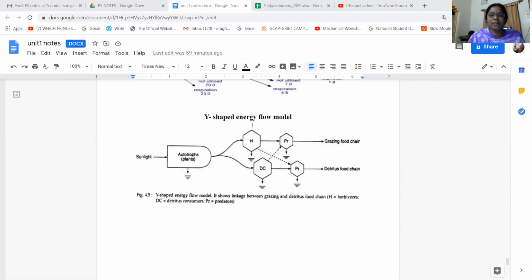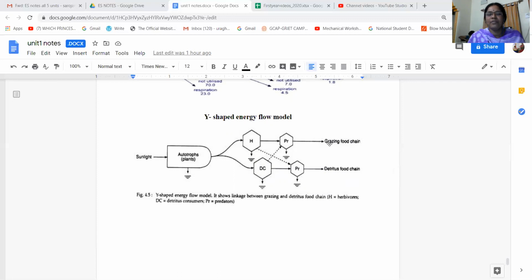This is Y-shaped, which can also be called the double channel energy flow model. So this is sunlight, and obviously plants. These are the only living beings which can prepare their own food because of sunlight through the process of photosynthesis. From this, it is divided into two types. One is grazing food chain and the second one is detritus.